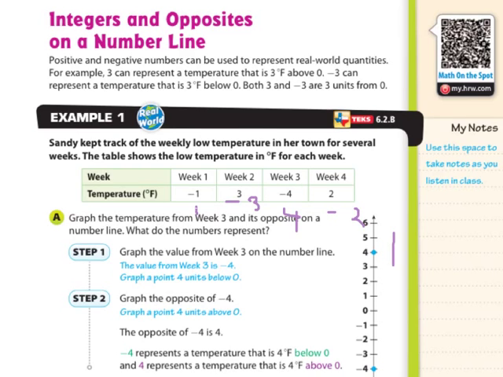And graph the opposite of -4, which we already did. It is 4. The opposite of -4 is 4. -4 represents a temperature that is 4 degrees Fahrenheit below 0, and 4 represents a temperature that is 4 degrees Fahrenheit above 0. So yeah, bye.